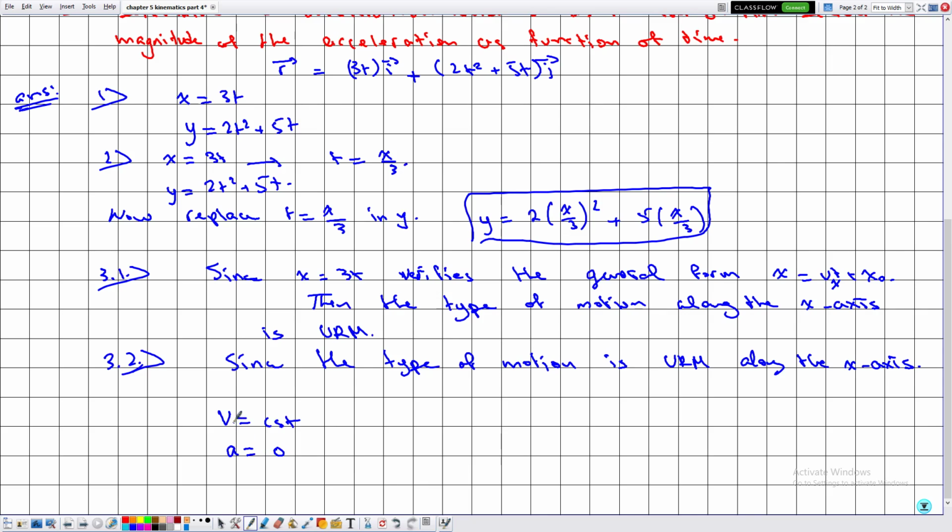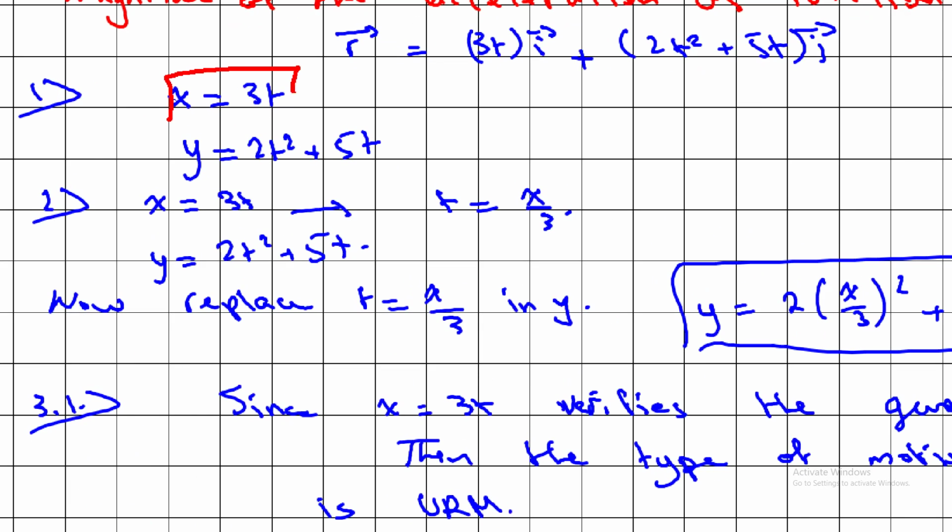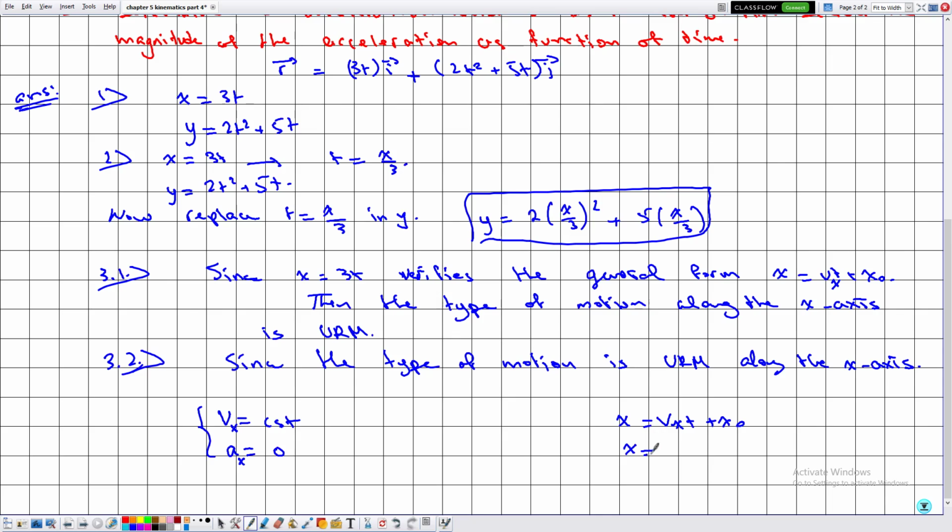Now because we are talking about the x component, let's give them the label x. So we need to determine the value of the constant, since the acceleration 0 is already solved. Knowing that x is equal to vx t plus x0, and in this case x is equal to 3t, comparing both equations we get that vx is equal to 3 meters per second.